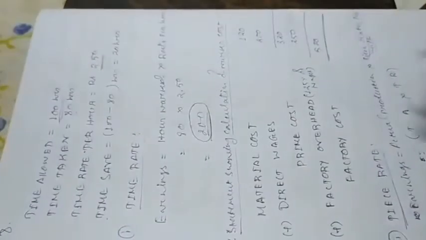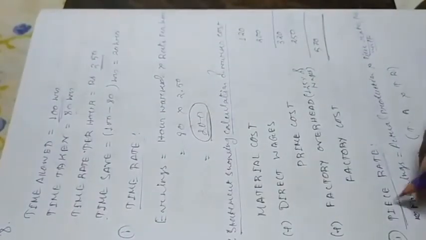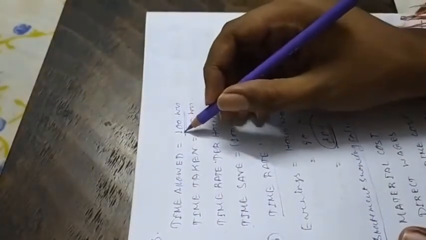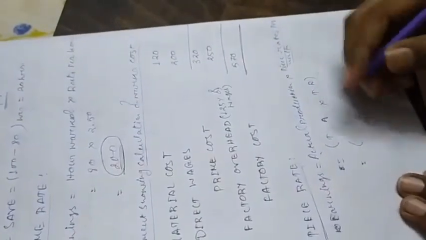It will be considered in every problem, so don't panic. Whenever the information about the piece rate is not given, then you have to assume that it is the time allowed. This is the actual production, and the piece rate means the time rate per hour. So we can easily say that the time allowed is 100 hours, and the time rate is 2.50.